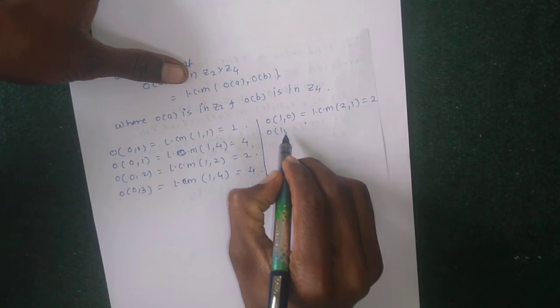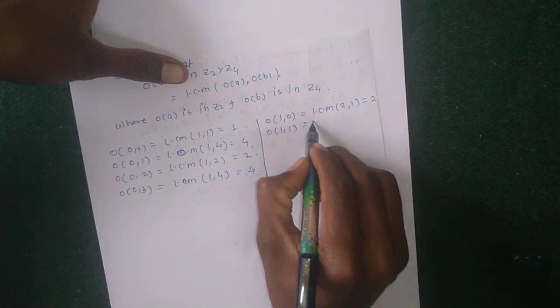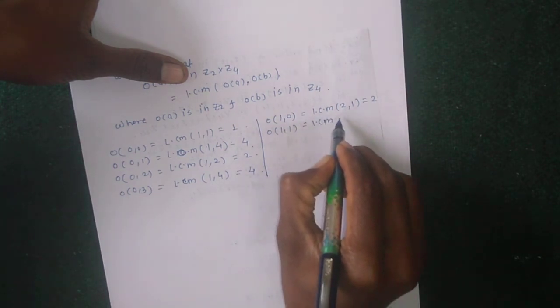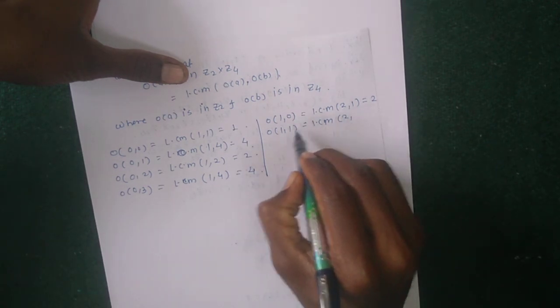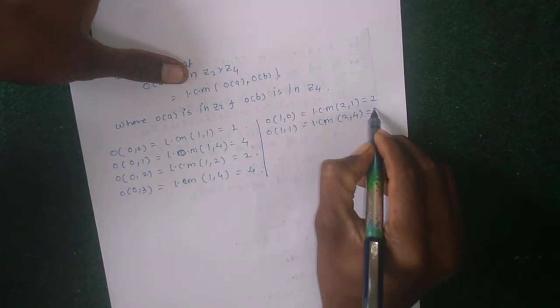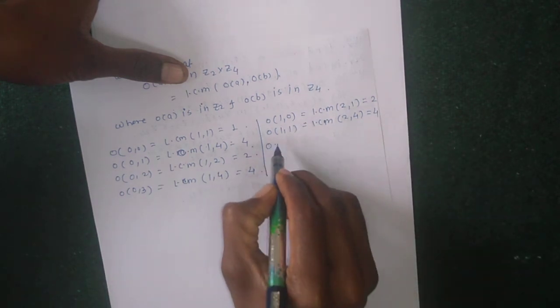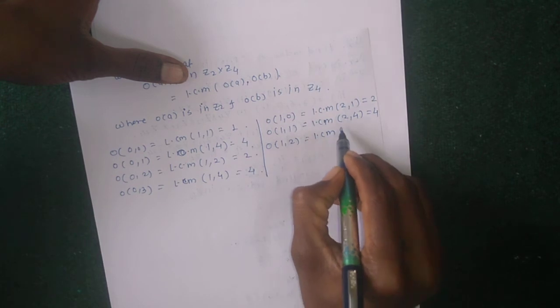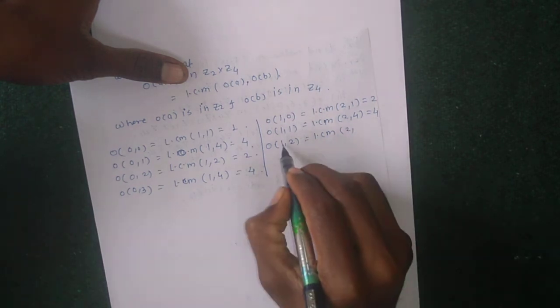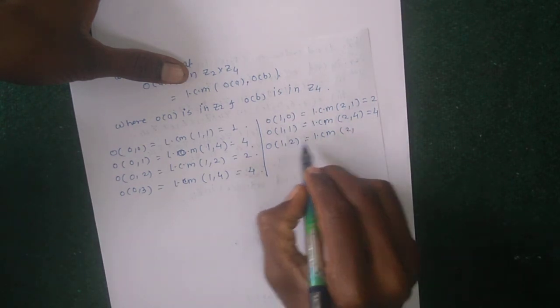The order of (1,1) is the LCM of 2 and 4, since 1 has order 4 in Z4, so their LCM is 4. The order of (1,2) is the LCM of 2 and 2, so their LCM is 2.